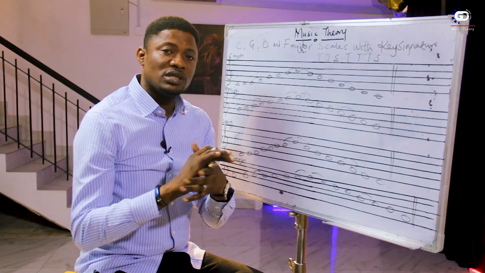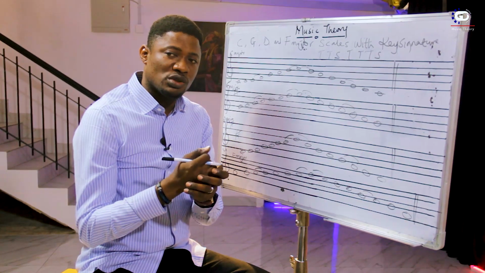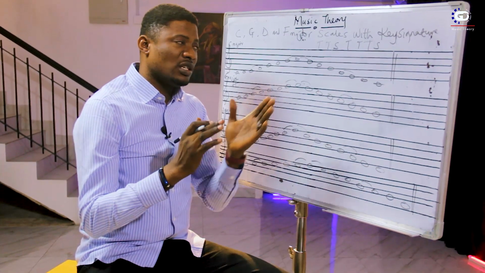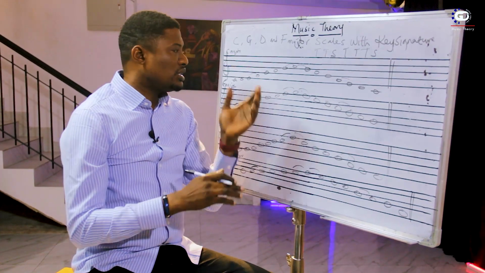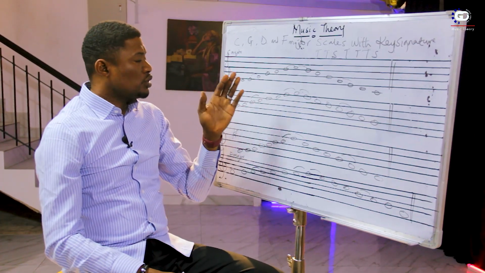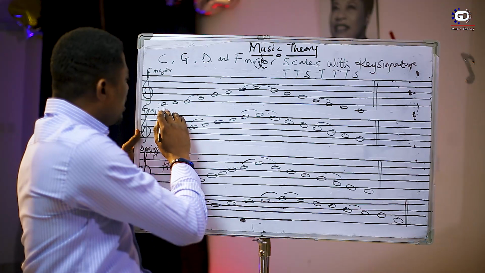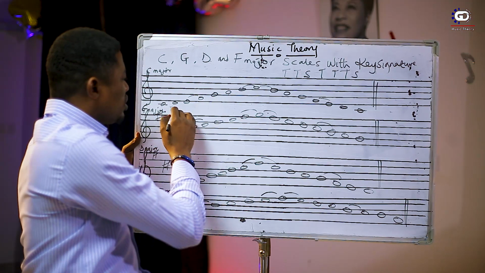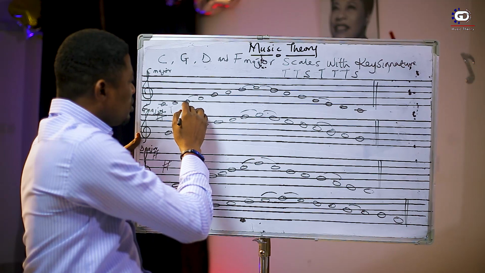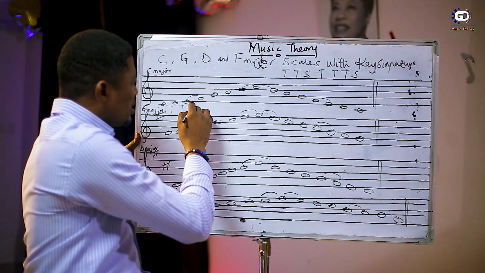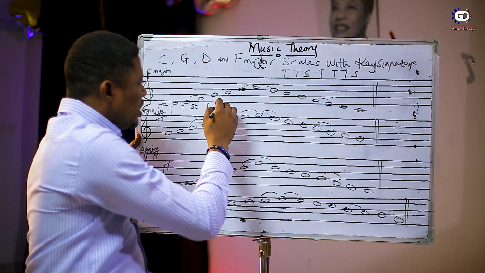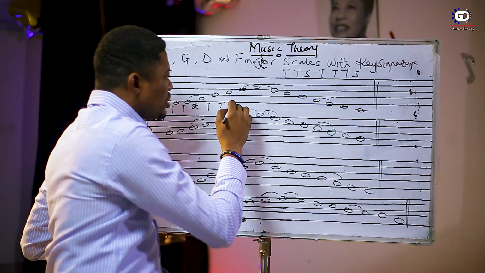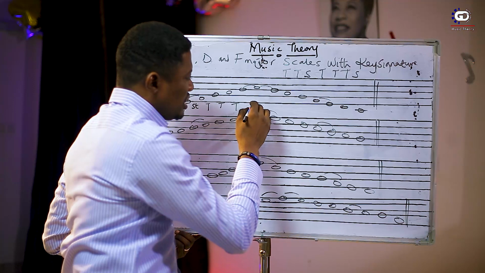We said a semitone is the shortest distance between 2 notes on the keyboard, and a tone is a combination of 2 semitones, right? So now let's check here to affirm the knowledge. Here you have C to D, a tone, D to E is a tone, E to F is a semitone. F to G is a tone, G to A is a tone, A to B is a tone, B to C is a semitone.